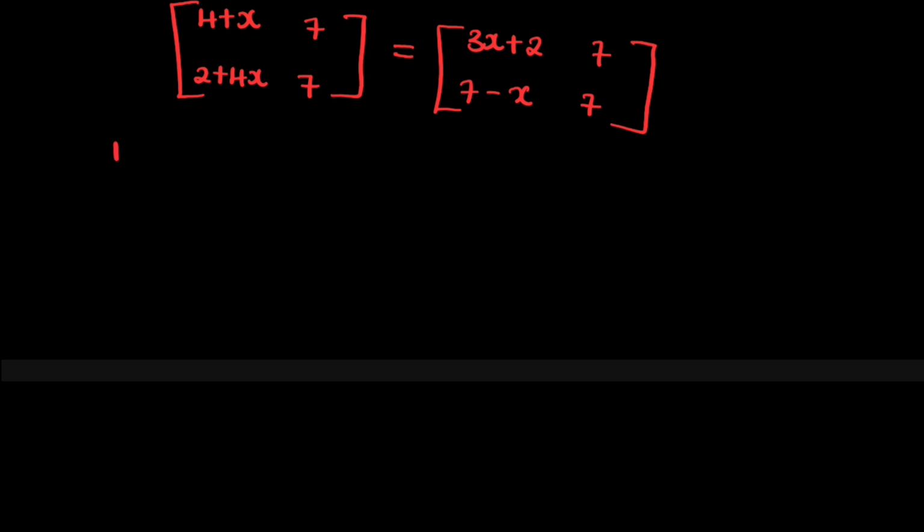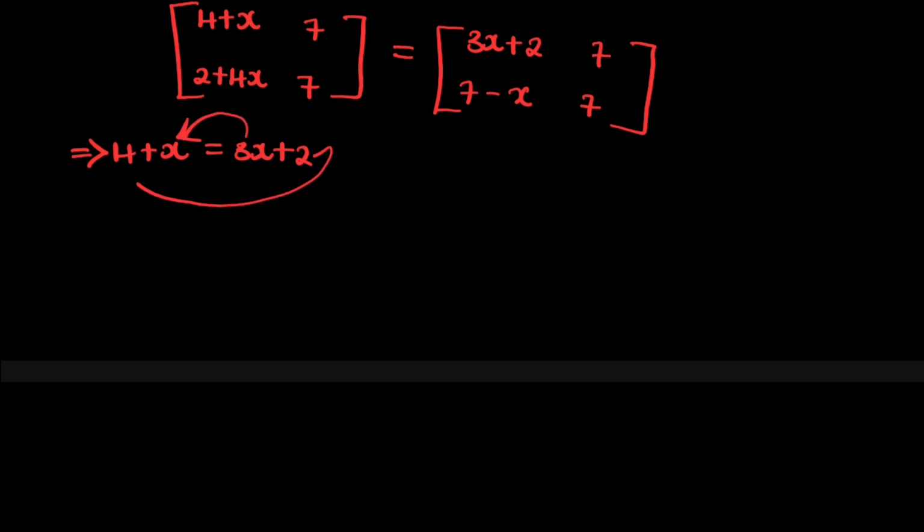So let's take the first one. 4 plus x equal to 3x plus 2. Now let's find the value of x from here. In this equation, we are to solve for x. Let's bring the like terms together. Bring x this way and send 4 to the other side of the equation.